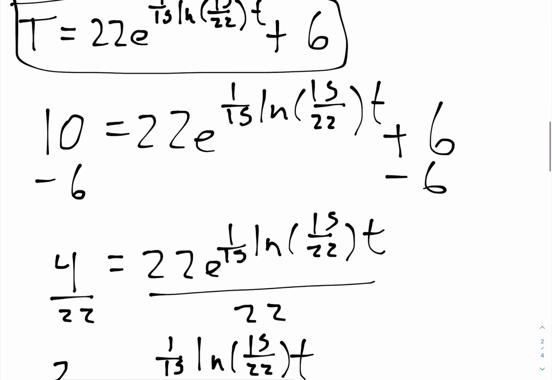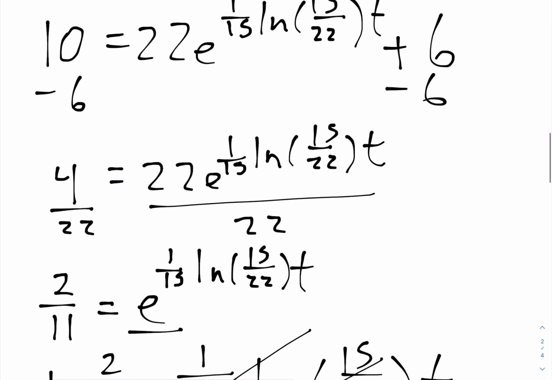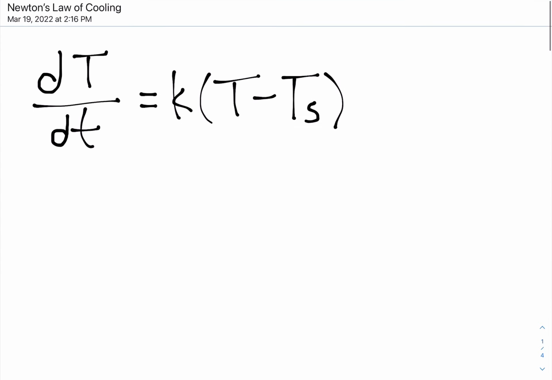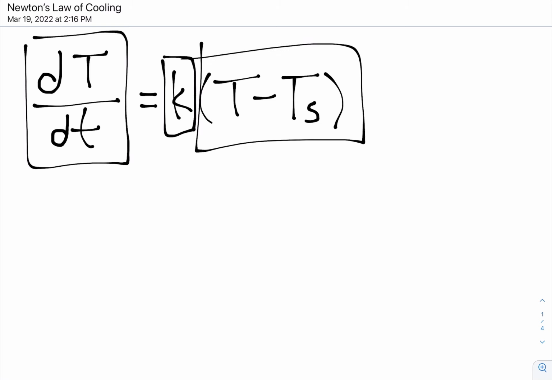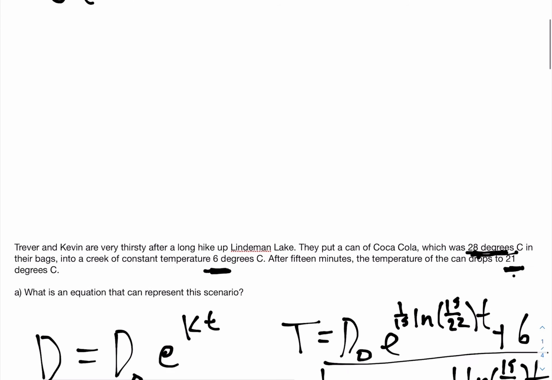Whether it's worth it is up to you to decide, but that's just kind of how Newton's law of cooling works. It's saying that the rate of change of temperature of an object, if the surroundings around it are big enough for it to be unaffected by the temperature of the object itself, is equal to the proportionality constant K times the difference between the object and the surroundings, its environment, right?